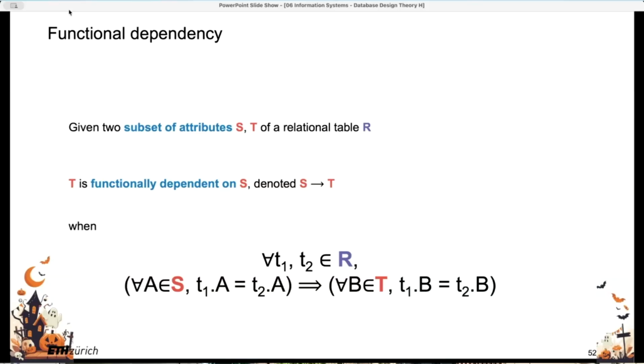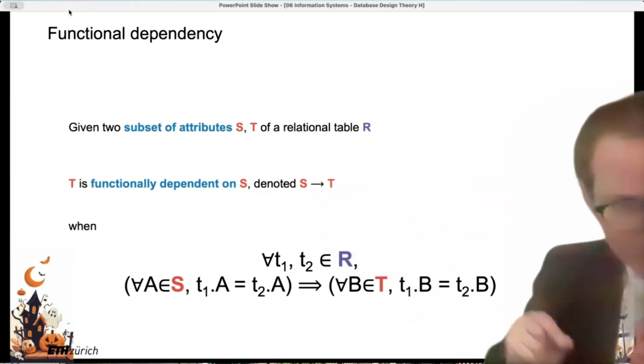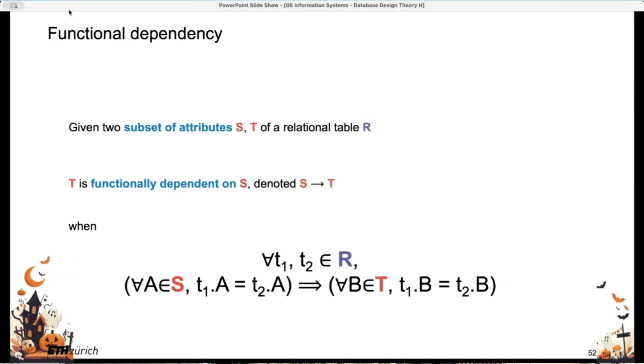So I'm saying that we have a functional dependency between T and S, and more exactly that T is functionally dependent on S. And I have this little notation right here with the arrow, S, right arrow, T, when this horrible formula applies. So what does that horrible formula say?